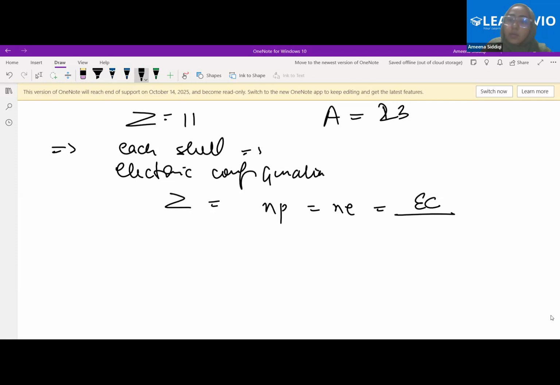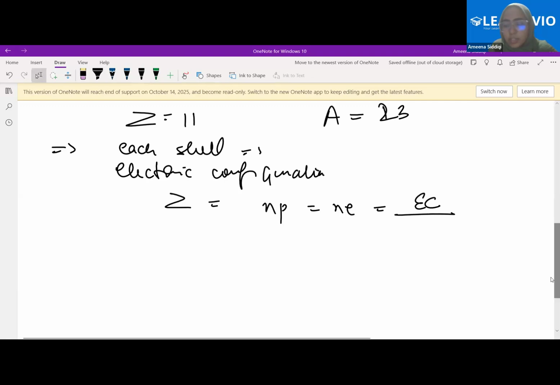Good. Therefore, the atomic number is more of a unique identity card for every element. Each element will have a different atomic number. If you and I were different elements, both of us would have different atomic numbers, and similarly our atoms would have different atomic numbers. But if we are atoms of the same element, the atomic number will be the same. Is it okay? Fine.